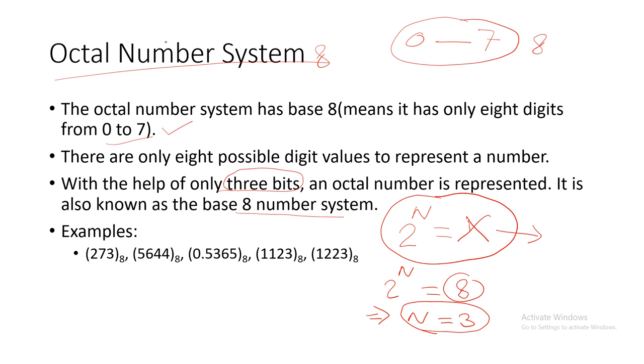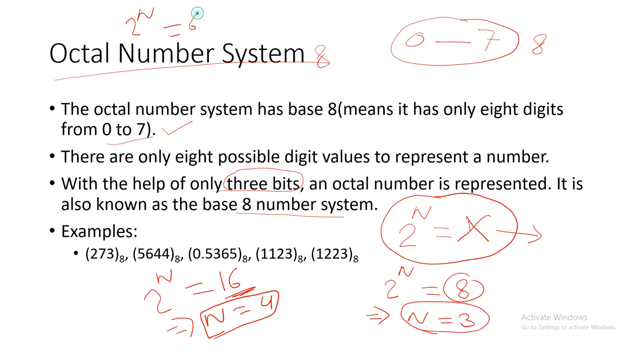In the same way, we can calculate for the hexadecimal number system too. In the case of hexadecimal, the value of x will be 16 because there are 16 different representations, and solving this equation we will get the value of n as 4. So we will need 4 binary bits to represent a hexadecimal number. Let's suppose there is one representation that uses 64 different representations. You have to simplify this.